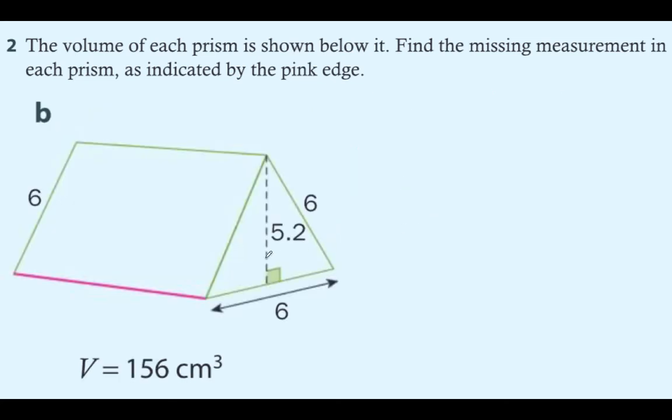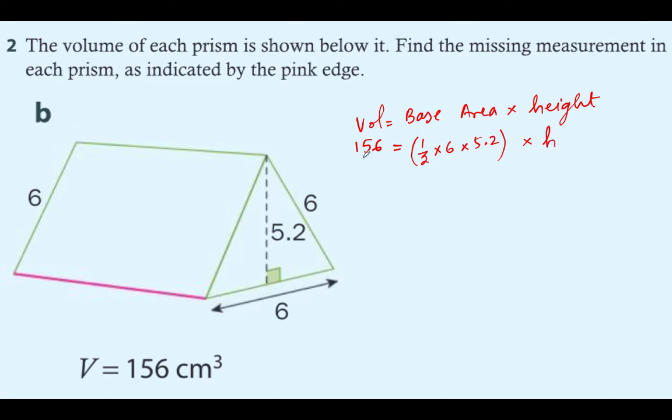Moving to part B, same case, we have the dimensions of base, and we need to find the height of this prism. So we will use the same method, volume equals base area times height. Volume is given, 156. Base area, since base is a triangle, is half into base, which is 6, and height of triangle is 5.2, times height of the prism.